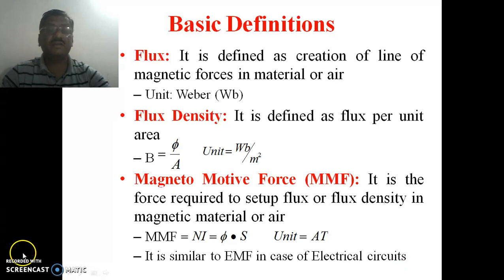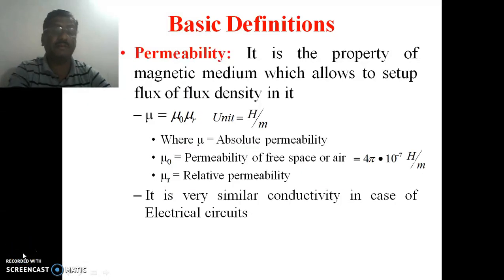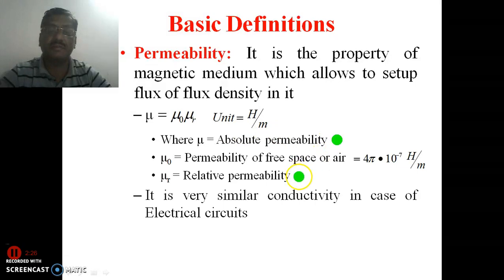Now the next definition is the permeability. It is the property of a magnetic medium which allows it to set up the flux or flux density in it. There are two permeabilities: absolute permeability and relative permeability.